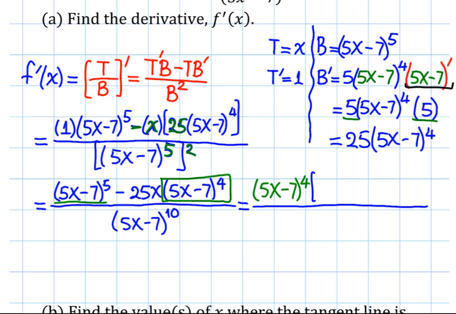With the common factor of 5x minus 7 to the 4th power, we determine what is inside. The first term has 5x minus 7 to the 5th, meaning it has 5 factors of 5x minus 7. Since we factor out 4 of them, one of them is left. The second term has 4 factors of 5x minus 7, which we factor out completely, so we have nothing left but the 25x.